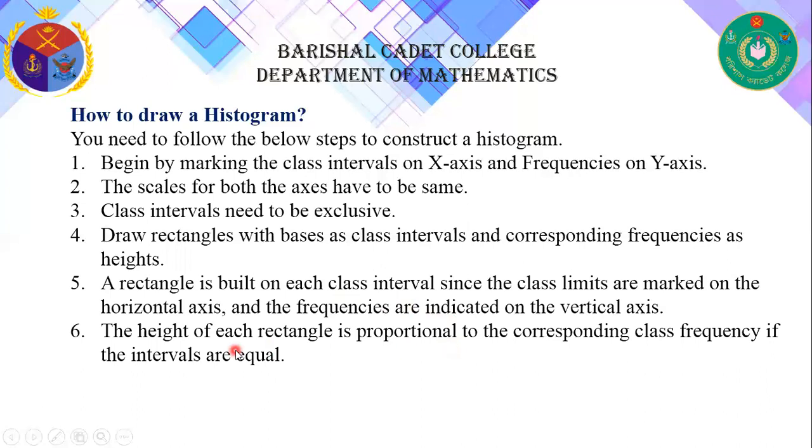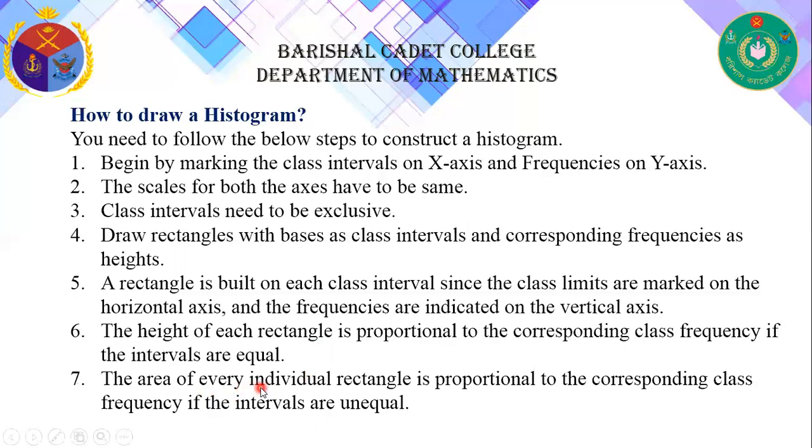Number 6. The height of each rectangle is proportional to the corresponding class frequency if the intervals are equal. That means if a class frequency is more than another class, then the height is more than the other class. Number 7.